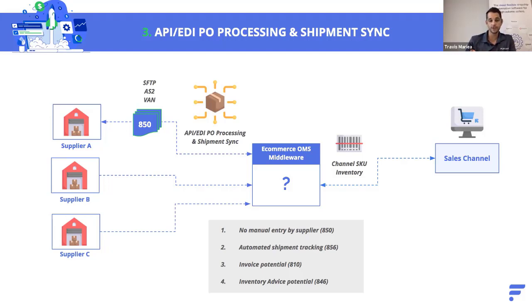There's no human intervention to mistype an address or a SKU quantity or whatever it might be on both your side and the supplier side, and then also be in a system so that you can automatically look for and pull shipping tracking as well.